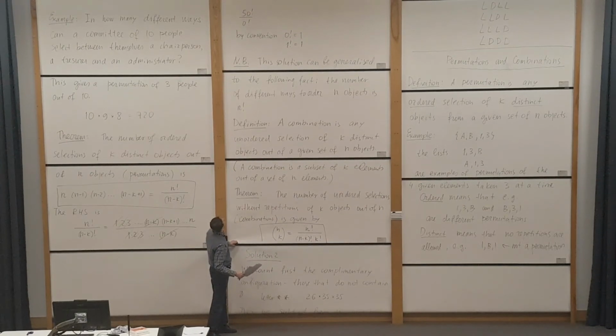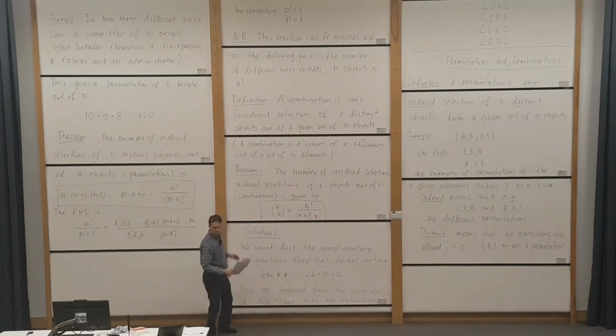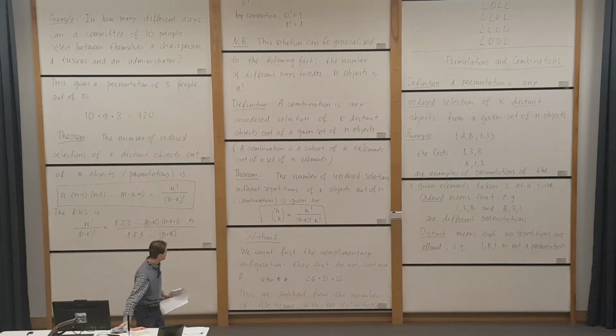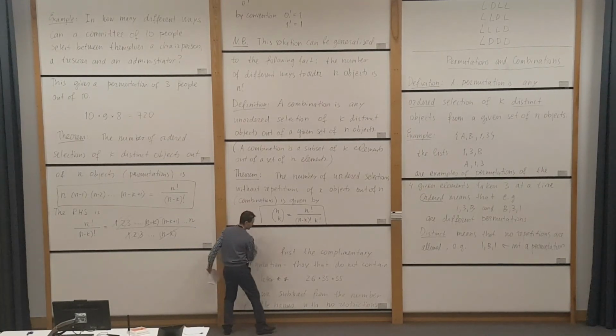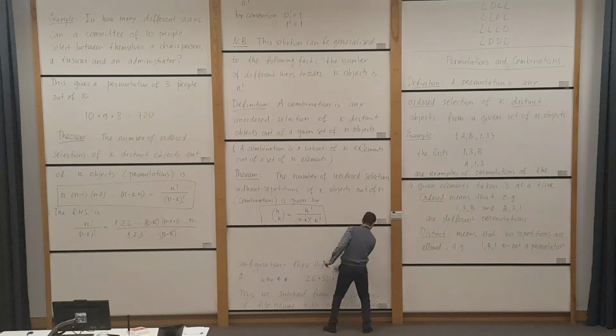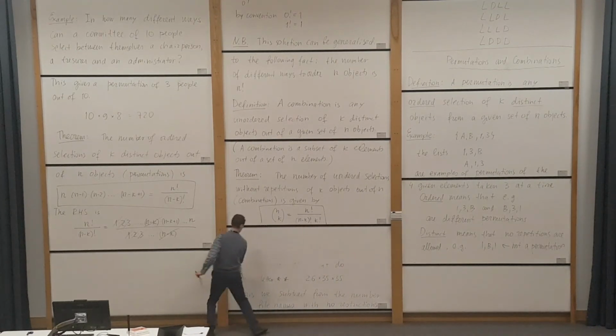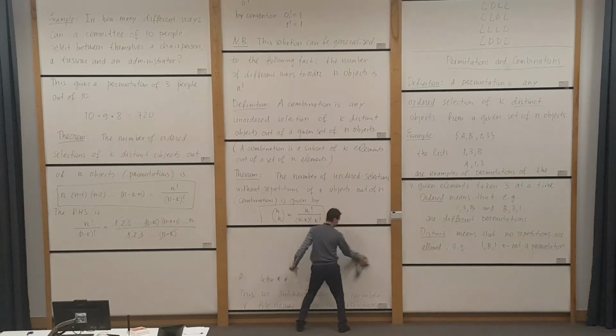I'm going to derive this formula now using the formula for the permutations. Then I'll explain what it has to do with binomial coefficients.